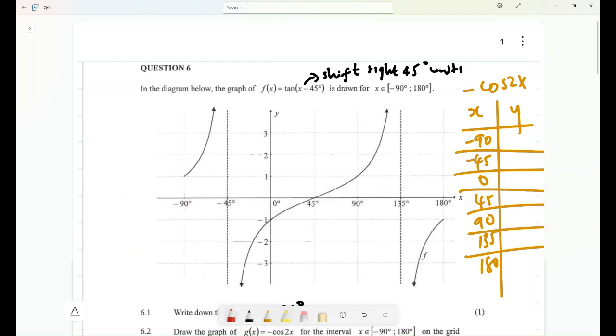So negative 90 gives me 1. Okay, I plot. When I use negative 45, how much do I get? 0. When I say 0, it is negative 1.